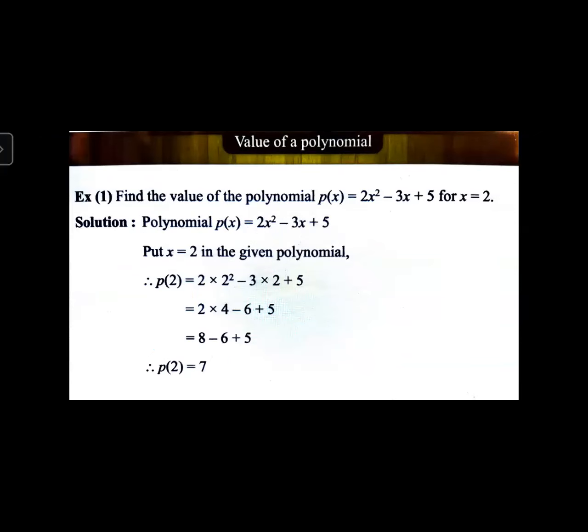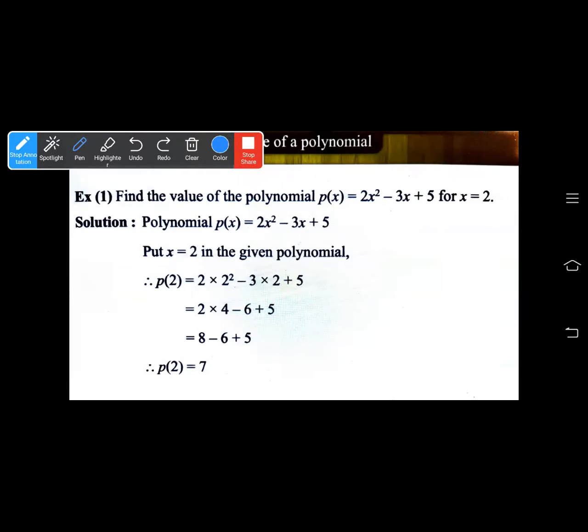Find the value of the polynomial p of x equal to 2x squared minus 3x plus 5 for x equal to 2. You just have to replace x by 2. So the solution is: write the polynomial p of x. You have to start the solution with this.